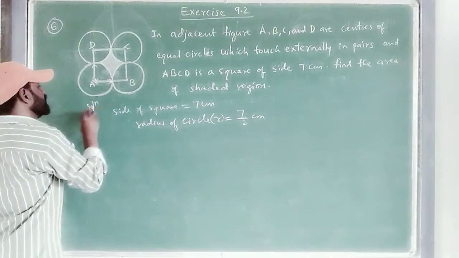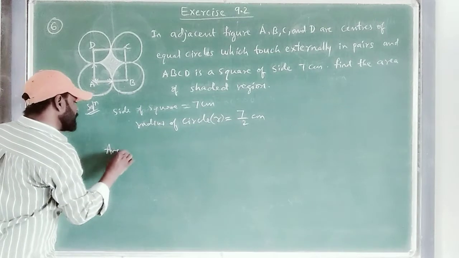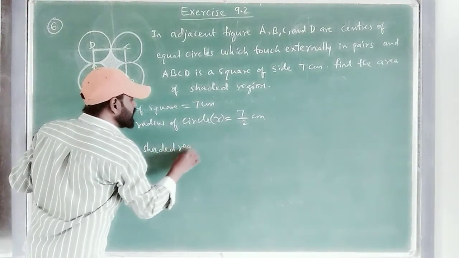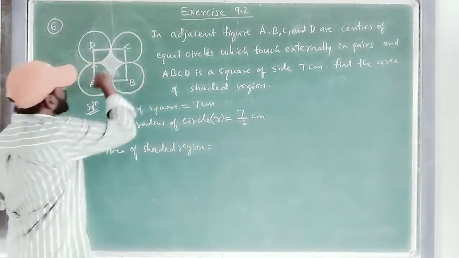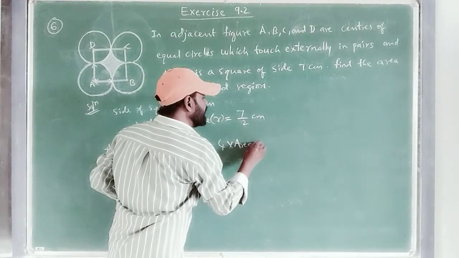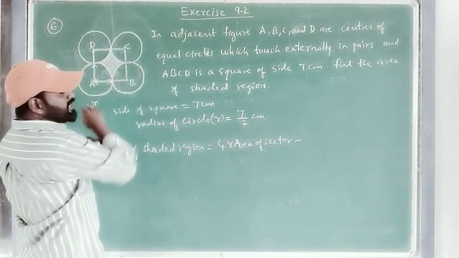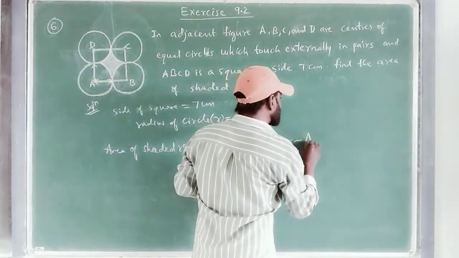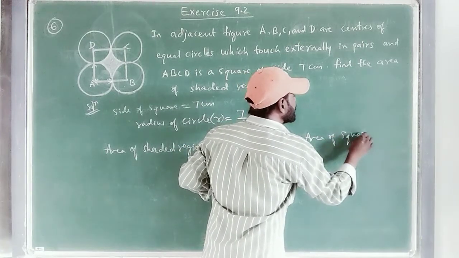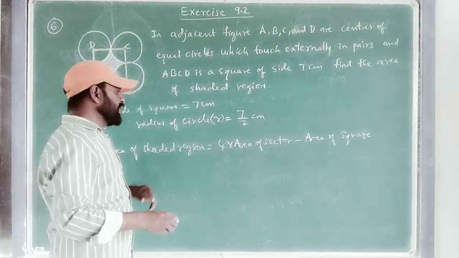Now this is for the solution, right? How many sectors are there? 4 sectors. So area of shaded region is equal to 4 sectors area, that is 4 into area of sector, minus the area of the square. Now the side of the square we have, and the radius also we have, so we can find it out.